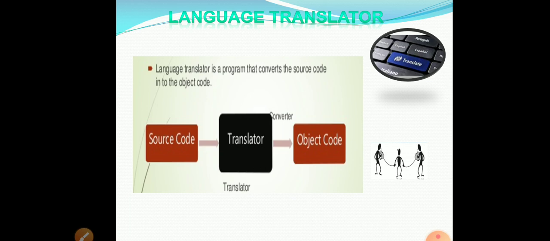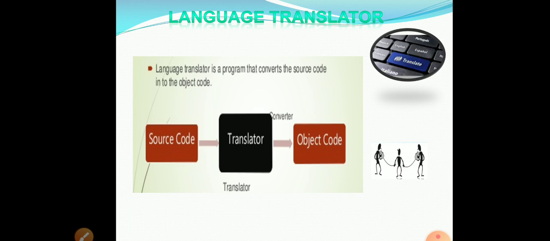As we know, a computer is a machine which understands only machine level language, and we understand high level language. So how can we communicate with each other, machine and user? If I give an example, one person knows only Tamil, another person knows only Punjabi, and they are traveling together.